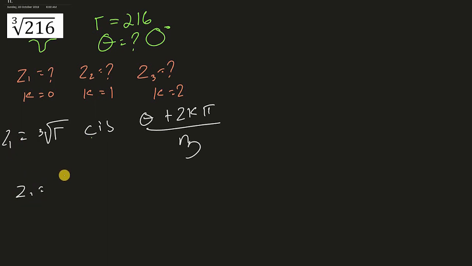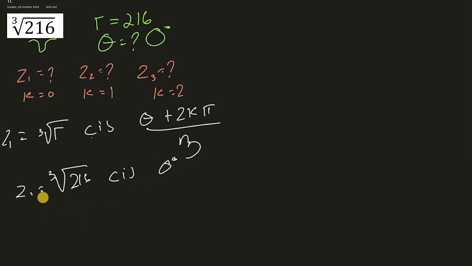So, R natin is 216. So, that would be cube root of 216, CIS stands for cos, i, sin. And theta natin is 0, so huwag na natin isulat, plus 2k pi. Ang k natin for this is 0. So that's 2 times 0 is equal to 0. So that's 0 times pi is 0. So 0 divided by 3 is 0. So that's 0 degrees. Okay?